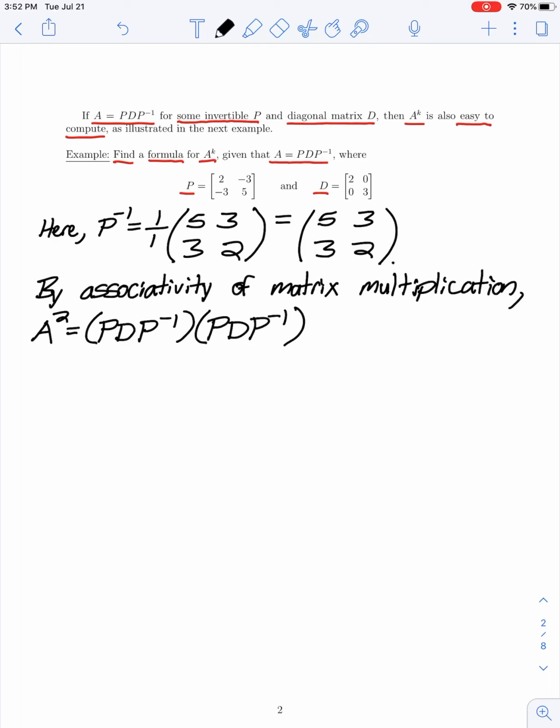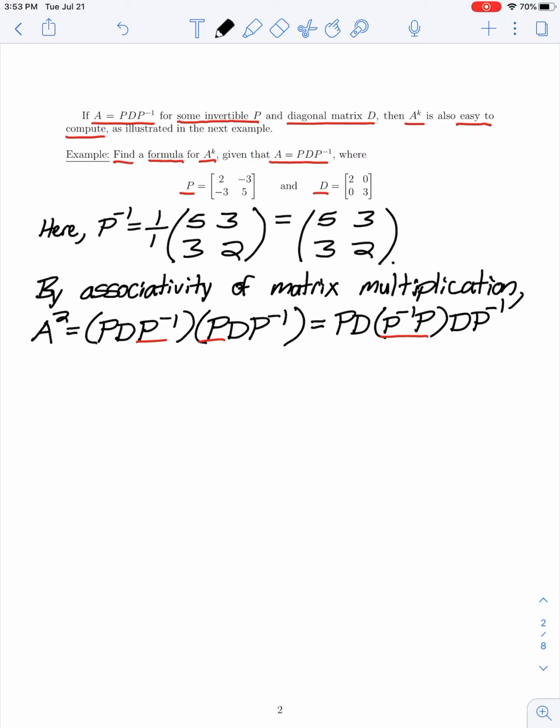But using the associativity of matrix multiplication, I can rewrite this as P times D times P inverse times P, and then times D times P inverse. If I group these middle two terms together, I have P inverse times P, which of course is the identity matrix.